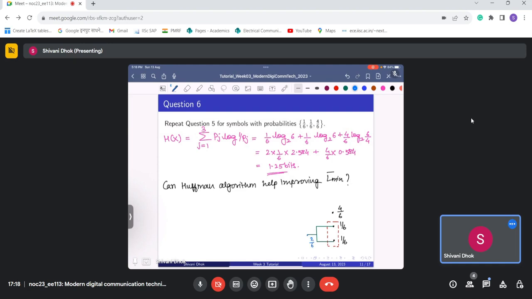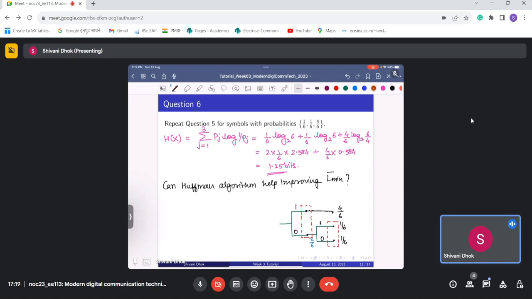Then again take this, which is 4 by 6, and these are the only two symbols that remain. Let us combine these, so that will lead to 4 by 6 plus 2 by 6, that is 1. So this is what we have here. Let me label the branches as 1 0 and 1 0.